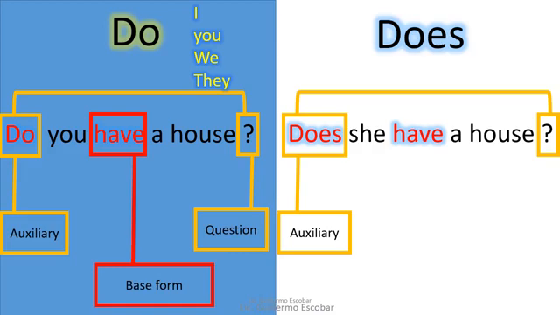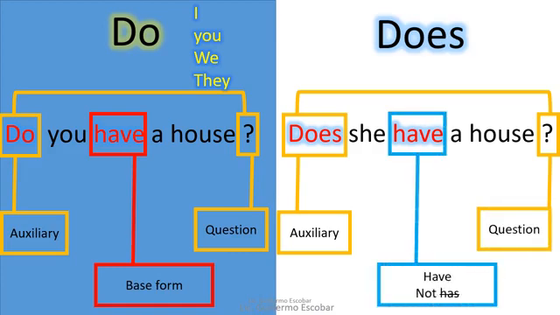Don't forget to write the question mark. Then, remember, you have to use the base form of the verb, not has, not the third conjugated form of the verb. So, we use does in questions with he, she, or it.